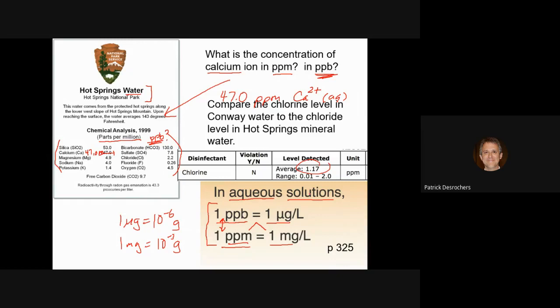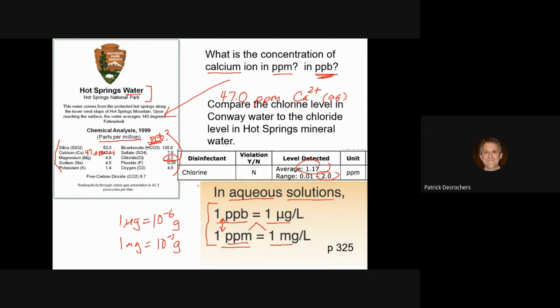In other words, is Conway water more or less than hot springs? And here's the number. Less. Yeah, Conway's a little bit less, but not too much less, is it? The upper part of the range has been almost as high as hot springs, right? So it's a little bit less, not exactly the same.